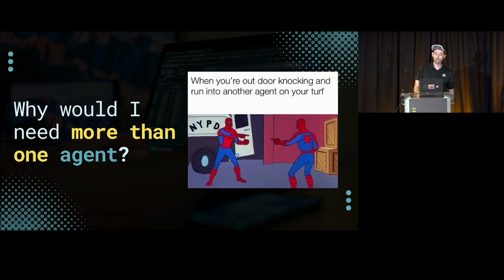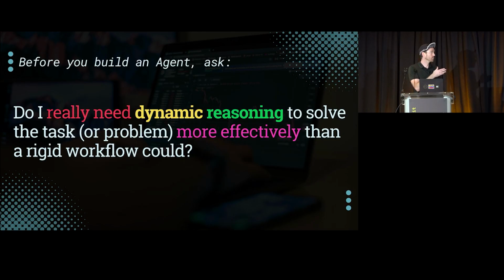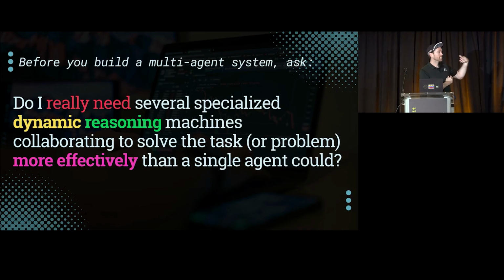And so the question comes, why would I need more than one agent? Well, let's extend our discussion of single agents. Do I really need dynamic reasoning to solve a task more effectively than a rigid workflow? Do I really need several specialized dynamic reasoning machines to collaborate to solve the task more effectively than a single agent could?